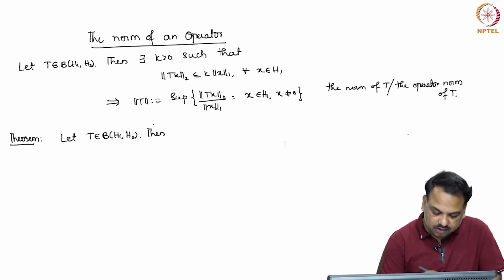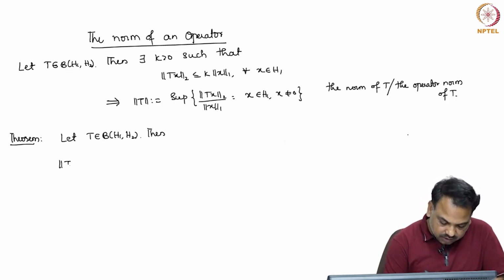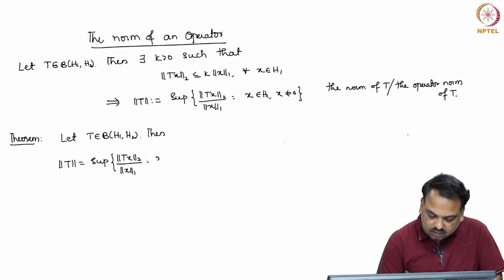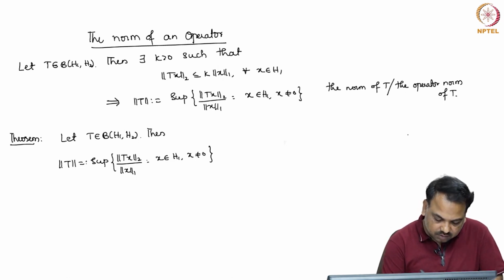Then we have the following: norm of T is nothing but the supremum of norm Tx by norm x, where x is coming from H1 and x non-zero. This is the definition of the norm.